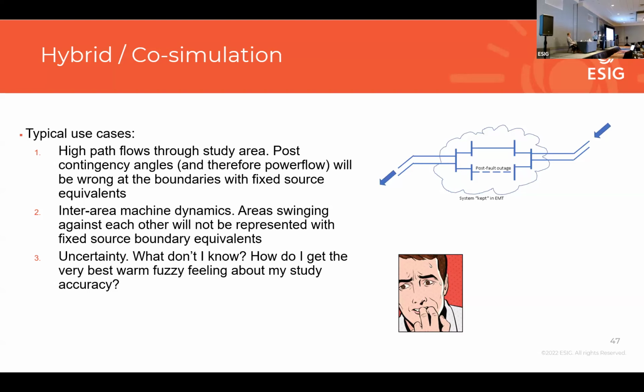What don't you know about the model? How do you get that warm fuzzy feeling about your simulation results that lets you know you captured everything the best that you could? If that keeps you up at night, then go ahead and at least run a sensitivity on your system to see whether it makes a difference. If you have confidence it doesn't make a difference, then good. You don't need to do that in the future anymore, because it is a modeling and simulation burden to add that co-simulation.